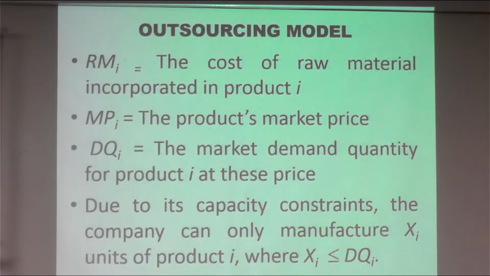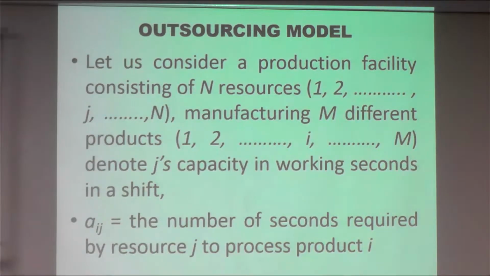Now, RM is the raw material price for product i. MP is the market price, that is your selling price, you can say the producer's price. DQ is the demand quantity for product i. So in total, how many products do I have?